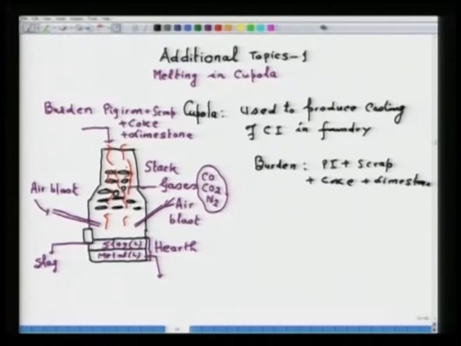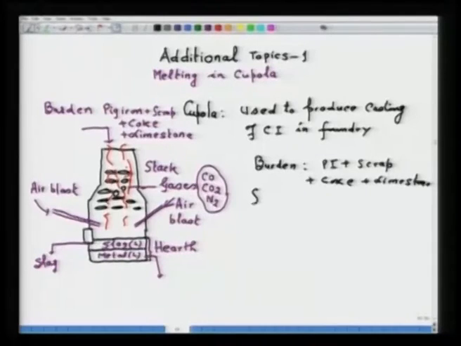This is the burden. If scrap is there you can charge it, because there is no problem in the operation of the cupola, as the source of energy is from outside. If scrap is not there you can work with pig iron also and get it refined.